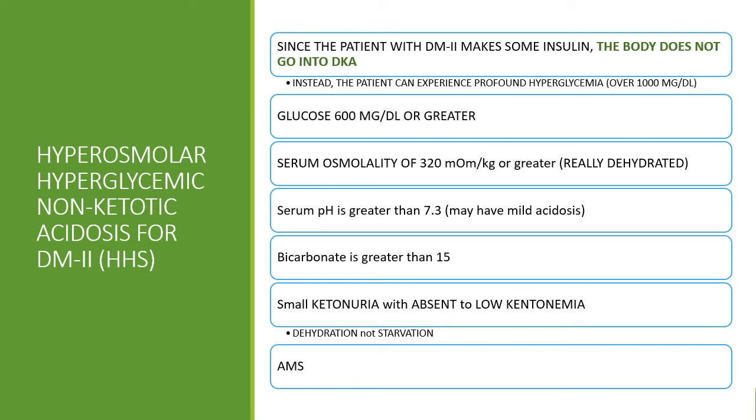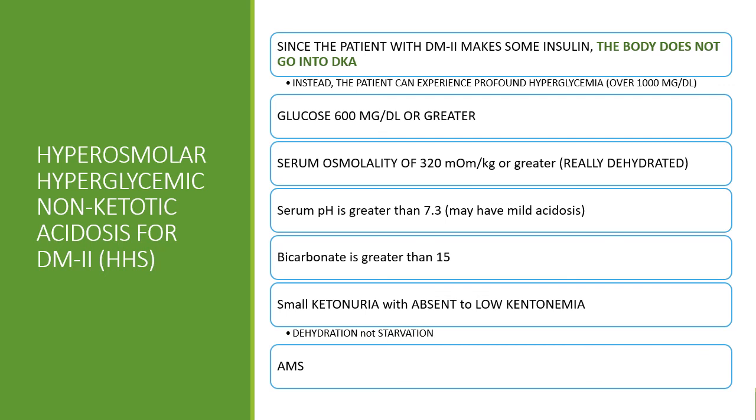Instead, they experience this profound hyperglycemia, sometimes over 1,000 milligrams per deciliter. The serum osmolality becomes 320 milliosmoles per kilogram or greater, so they become really super dehydrated. The serum pH is typically greater than 7.3, so they may have mild acidosis, but they're usually hanging out between 7.3 and 7.35.